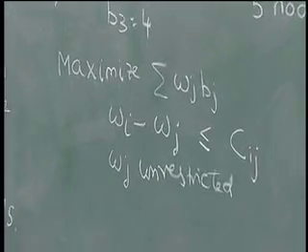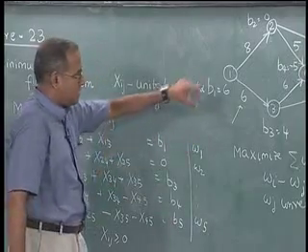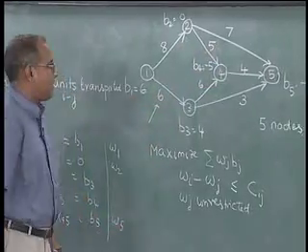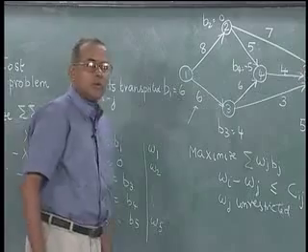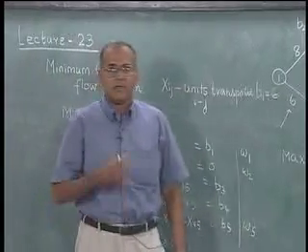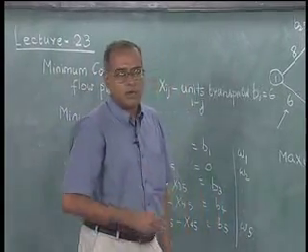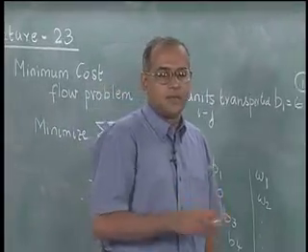Now, how do we solve this problem? So, we now explain the solution of this problem by taking a particular feasible solution and then checking whether that feasible solution is optimal. If not, what do we do to get to the optimal solution?